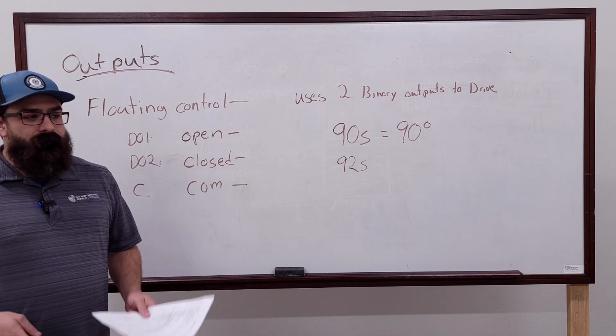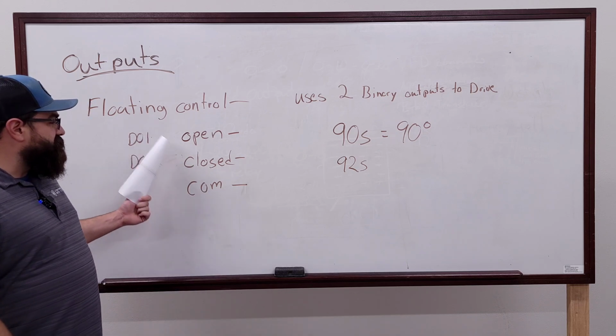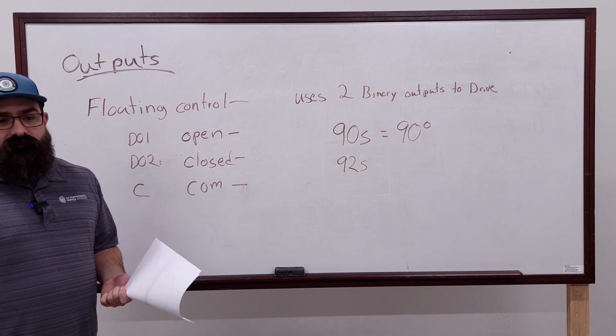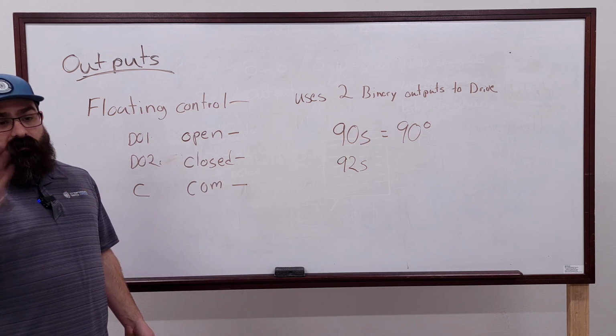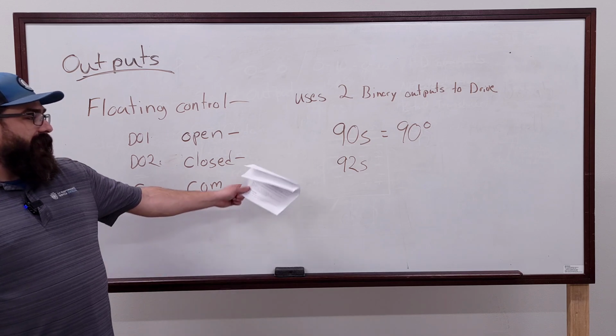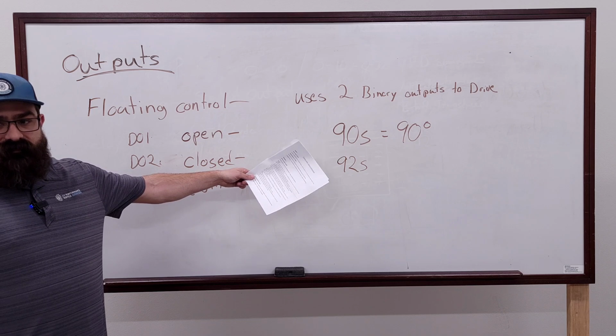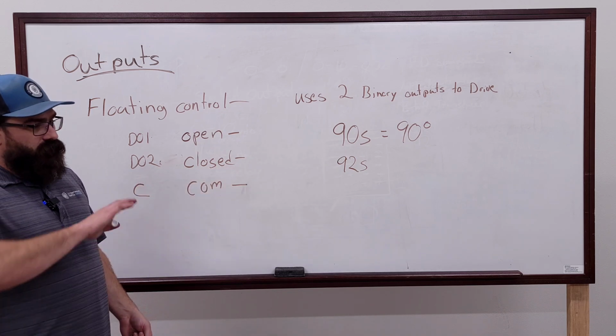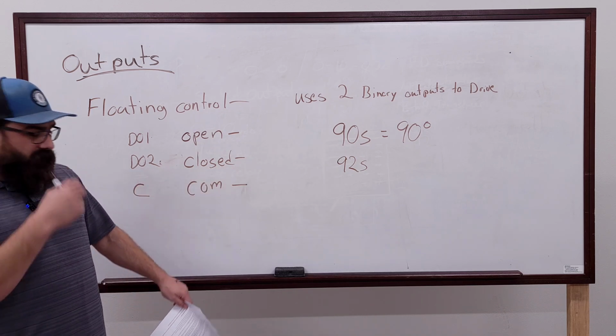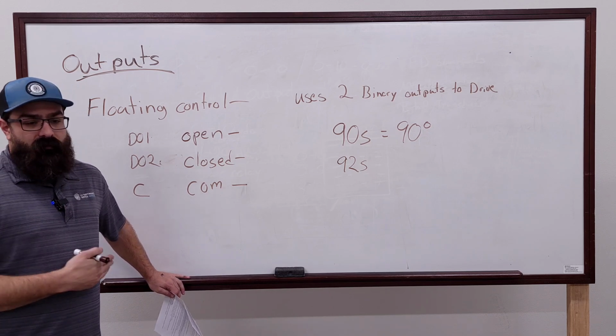So a lot of controllers that have this function have what they call a sync feature, and the sync will drive it all the way open, and usually they add like 10 or 20% to the time in their sync feature. Like Honeywell, when you power up a controller, it will sync the damper actuator.